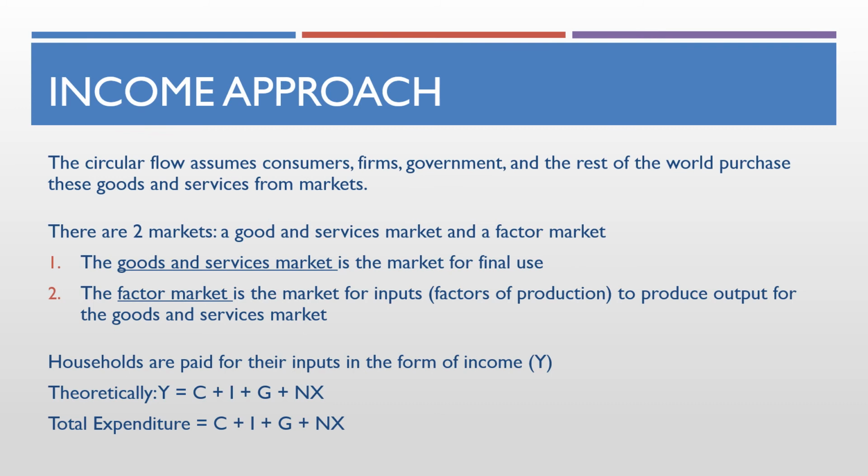So regardless of whether we think about the income approach or the expenditure approach, they should be very similar to each other because theoretically they are equal. And in the practical sense, when most countries measure the total level of income and total level of expenditures, those 2 numbers are always close to each other.